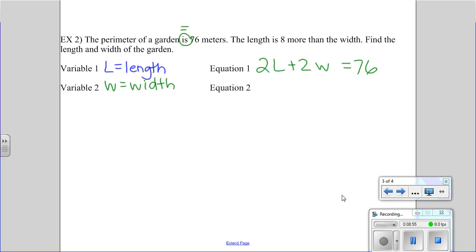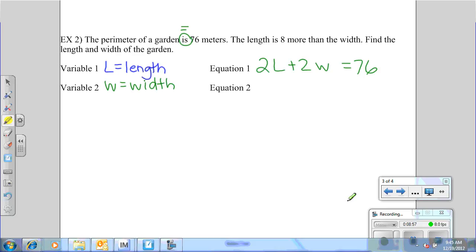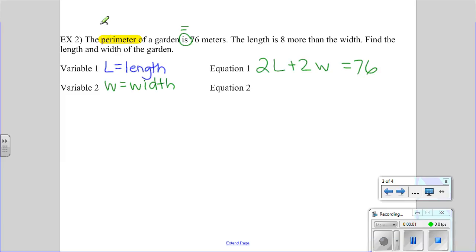Every time you see this word perimeter, you're going to replace it with 2L plus 2W. It gets turned into an equal sign. Perimeter gets turned into 2L plus 2W. I hit a period, which means that equation is done.